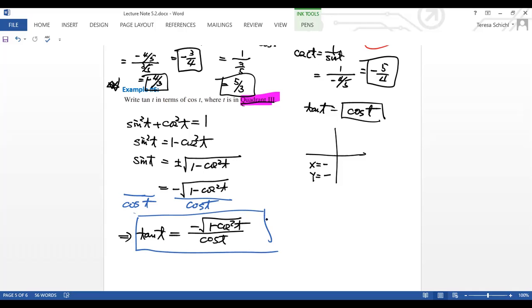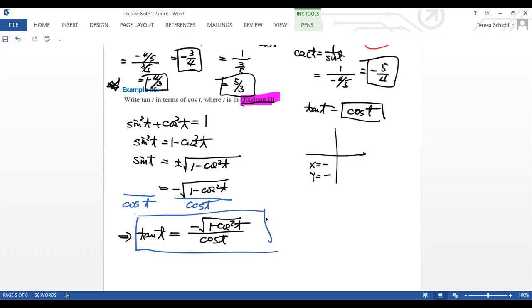All right, so that's it for section 5.2. It's kind of a lengthy section, but it's a very important section. We covered a few key things you definitely need to remember. First is the fundamental identities, right? Then the second one you need to remember or understand is the different signs in the different quadrants. So is the trig function positive or negative in which quadrants.